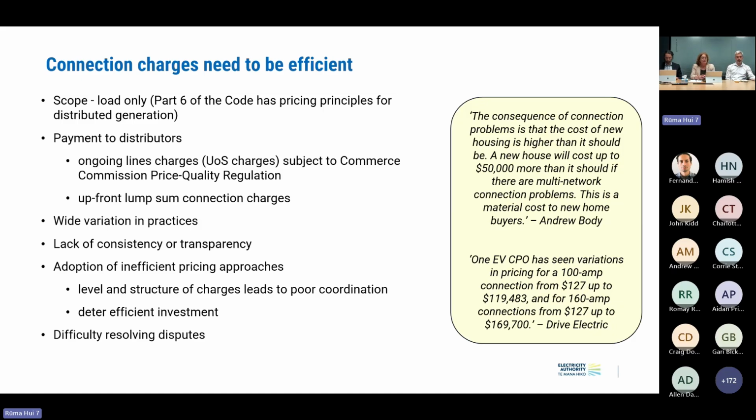Connection charges that are poorly structured can cause coordination challenges, such as first mover disadvantage and piecemeal network development. The Authority is concerned particularly that inefficient pricing will deter efficient investment and slow down electrification and add unnecessary costs that can flow through to consumers. We've also been told that it's difficult for some parties to resolve disputes around connections.